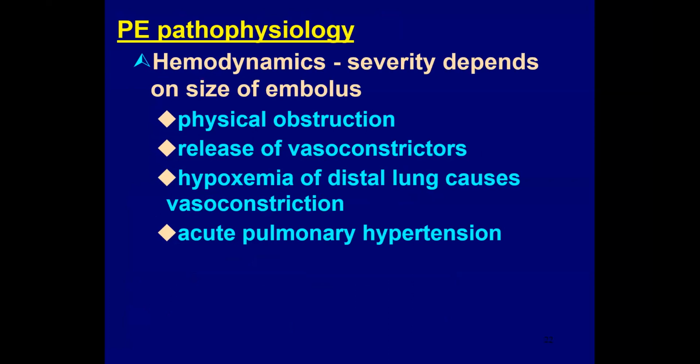Then we get hypoxemia of the distal lung, which also causes vasoconstriction. So with a PE, we develop acute pulmonary hypertension. Pressure on the right side is very high, or there is resistance of flow to the right ventricle.